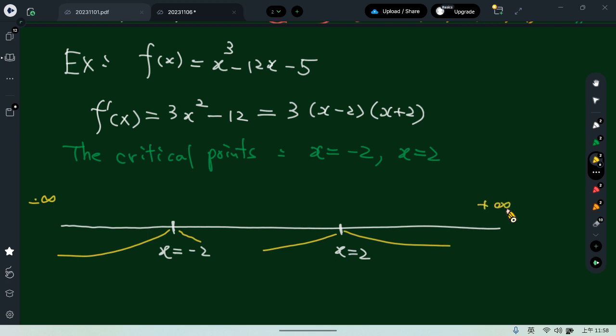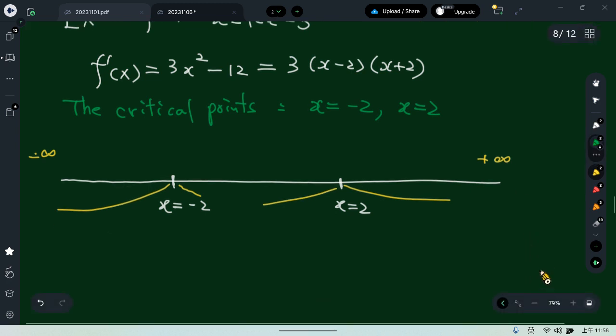For each subinterval, is f prime of x positive or negative?